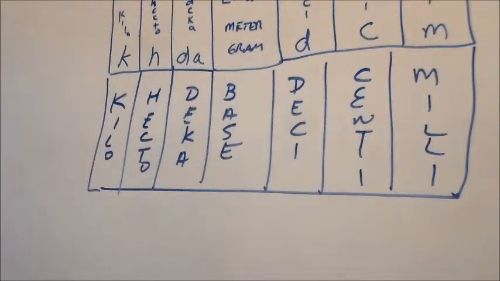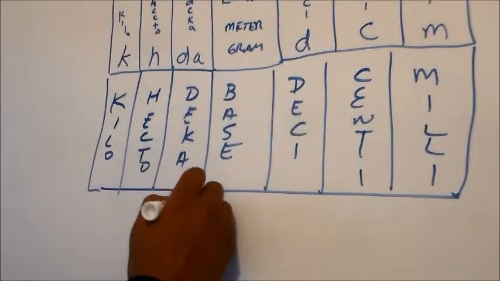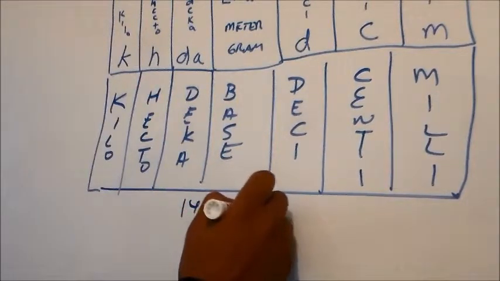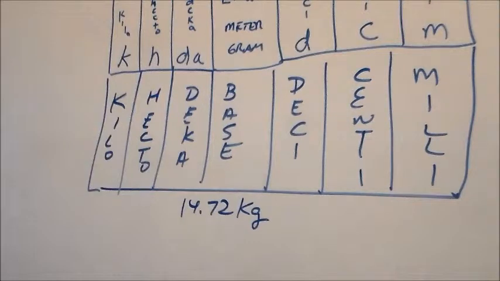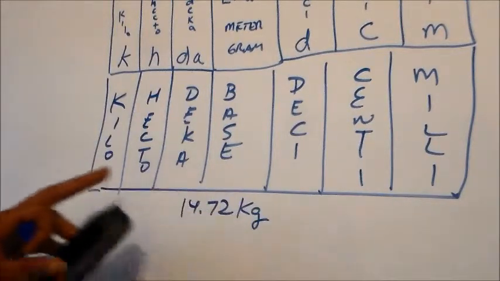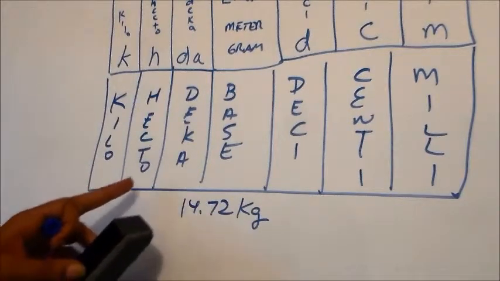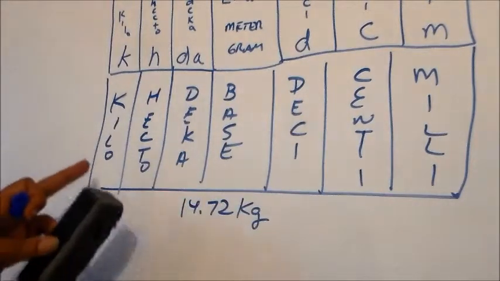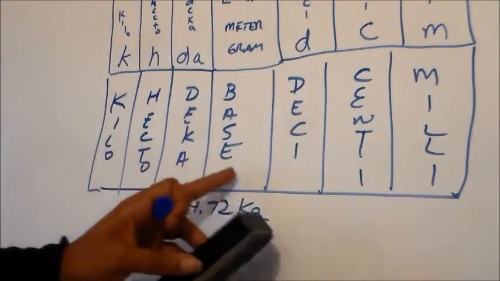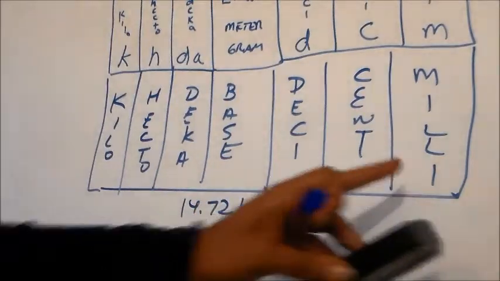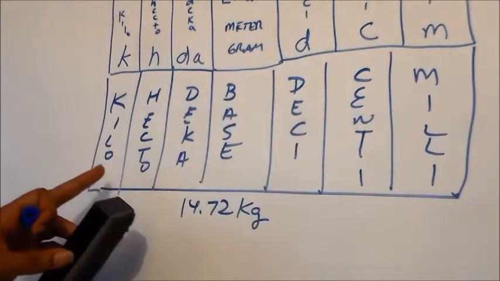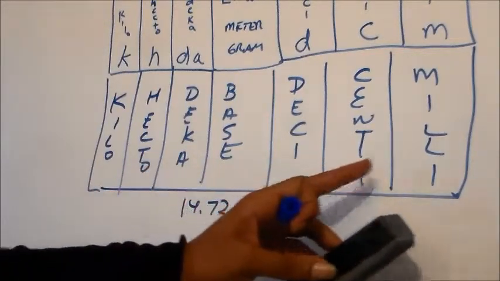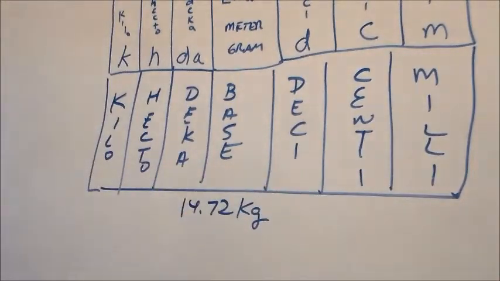Okay. Let's say we have 14.72 kilograms. And we want to move to milligrams. So we have a lot of space to move. 1, 2, 3, 4, 5, 6. So we move from kilo to hecto to deca to base to deci, centi, milli. So the decimal place must move this many times. 1, 2, 3, 4, 5, 6 in that direction.